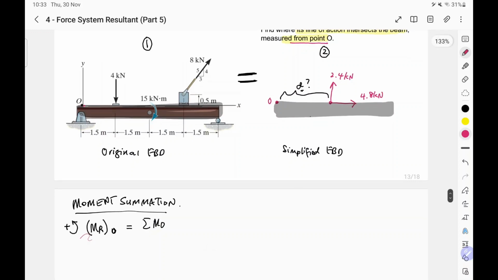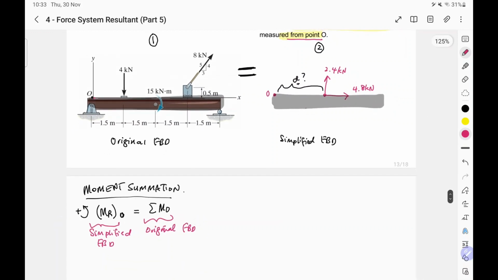The equation on the left, moment ni is based on figure 2, the simplified free body diagram, whereas the equation on the right part is in reference to figure number 1 or the original free body diagram. Okay, so you tengok satu-satu.